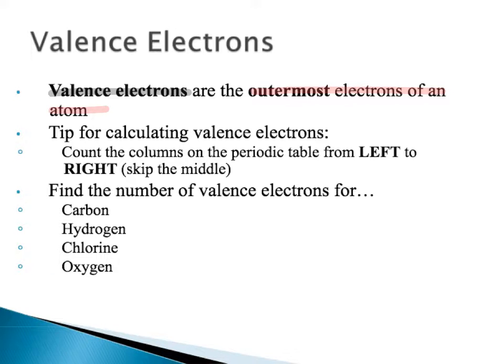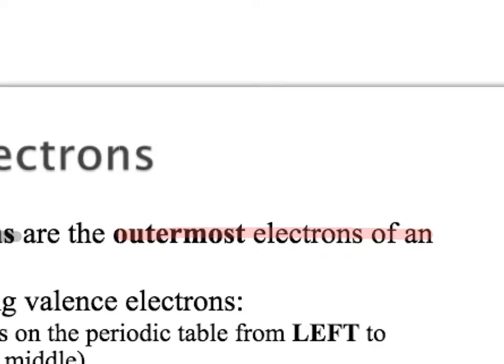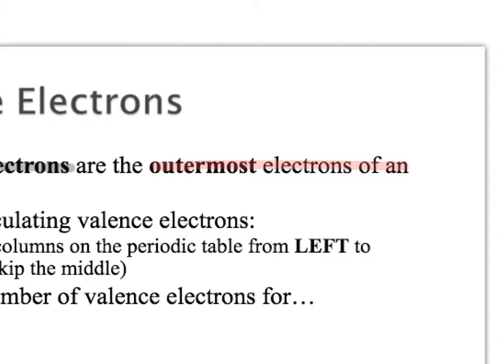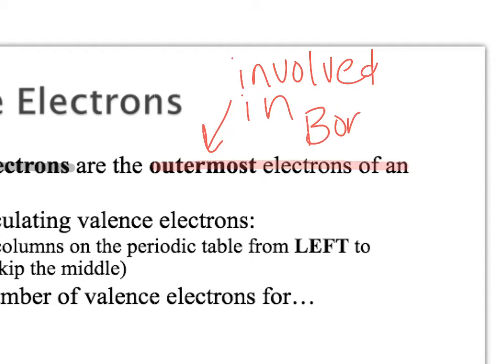And they're important because these are the electrons that are going to be involved in bonding. So we're going to write that down real quick. You should write it down too. So these are involved in bonding, which is how atoms interact with each other.